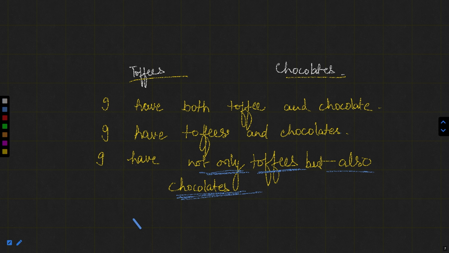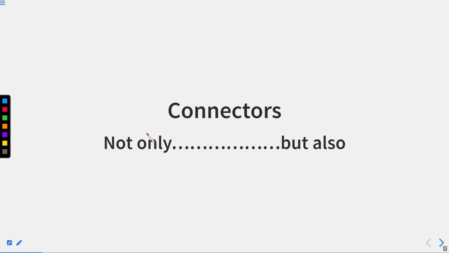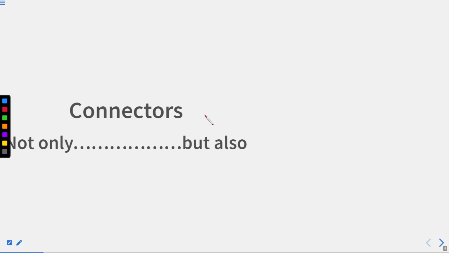So for this emphasis, this style of emphasizing a particular information or a particular thing, we can use various conjunctions to join those two sentences or those two words or phrases together. Here, this not only but also is saying that both of these are my possession.